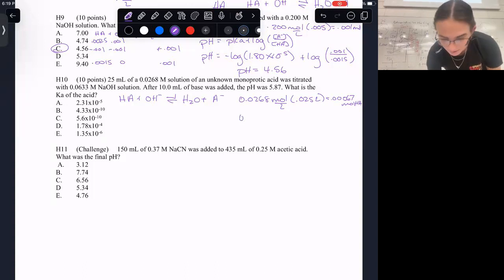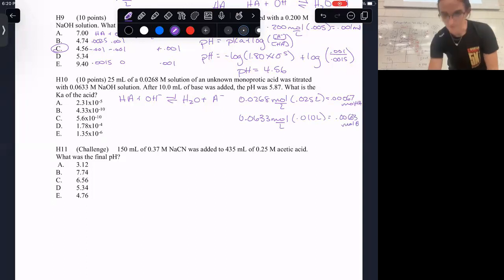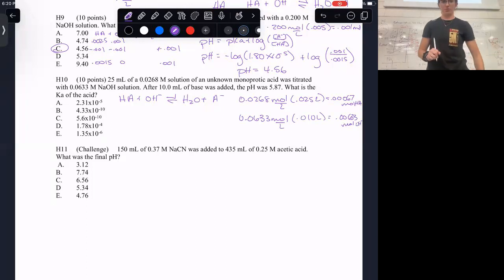And then we have 0.0633 moles over liter times 0.01. Right, and then we have 0.00063.